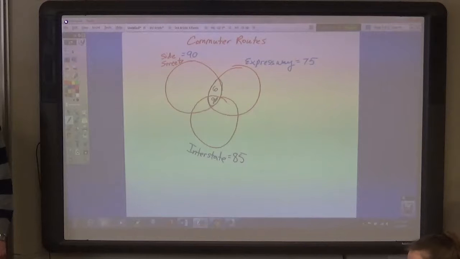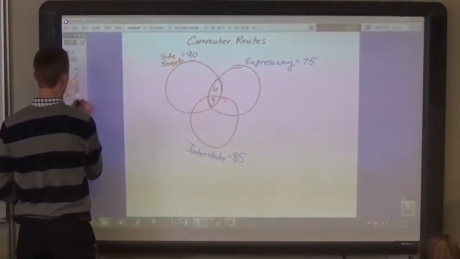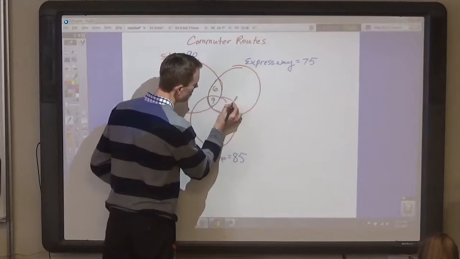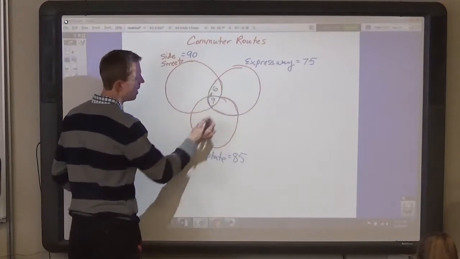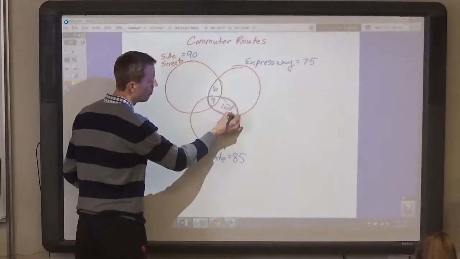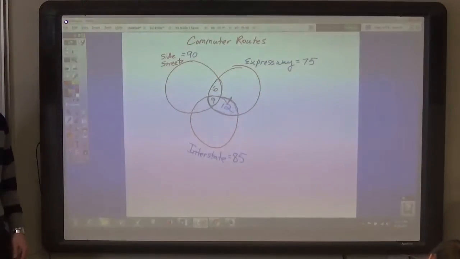This is problem number 1 on 214. And then it says that 21 use both expressways and the interstate. And so if we know that 21 are in this section, and we already have 9 in there, then 12 of them are left. Okay?